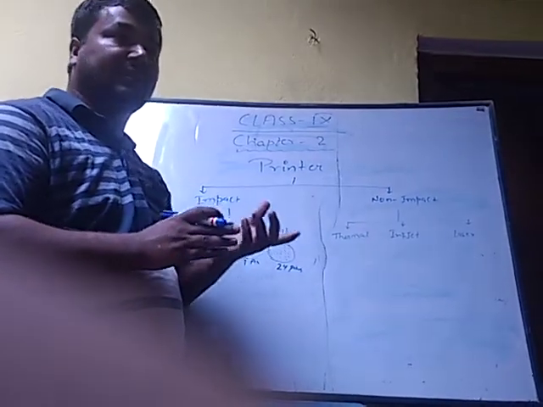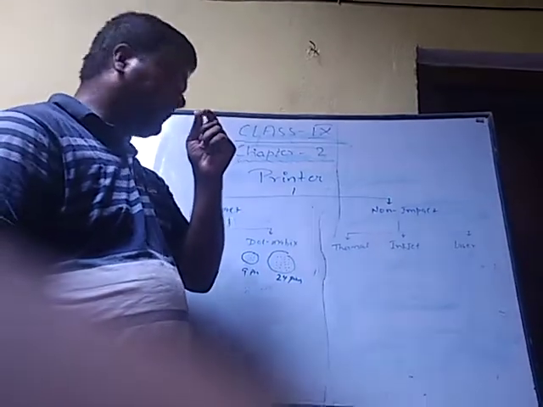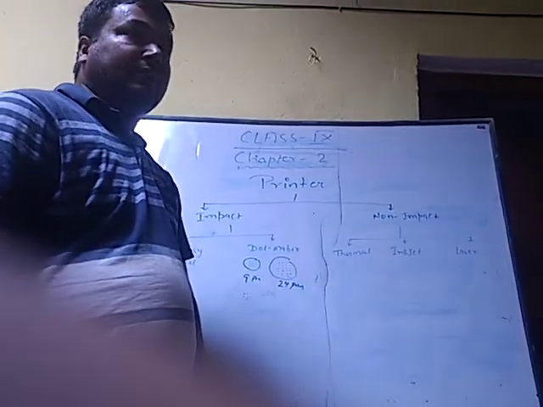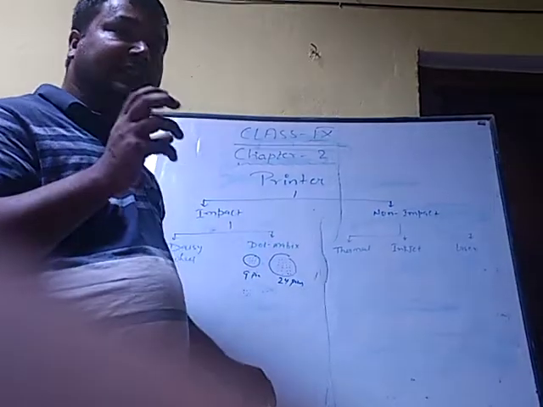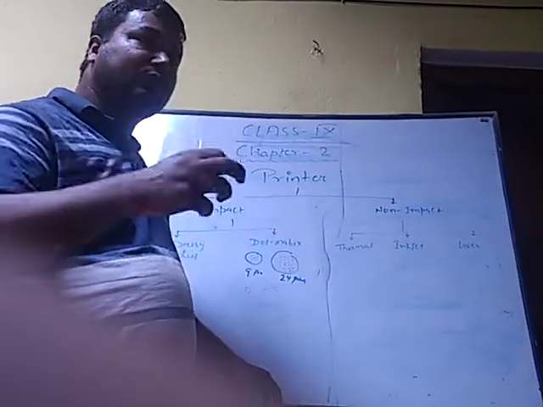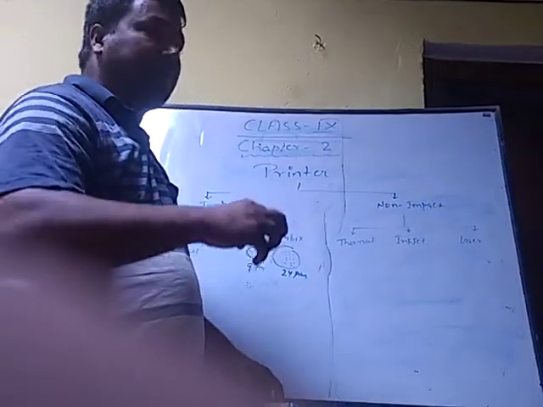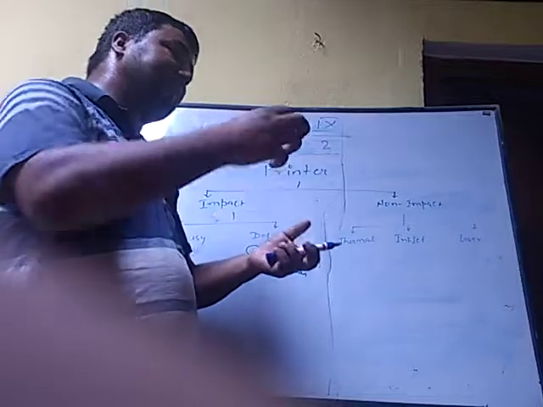These printers are very small and special quality paper is used to take the printout, and it uses special heat sensation. Printing is produced by using special heat sensation. After that it starts printing on the paper.